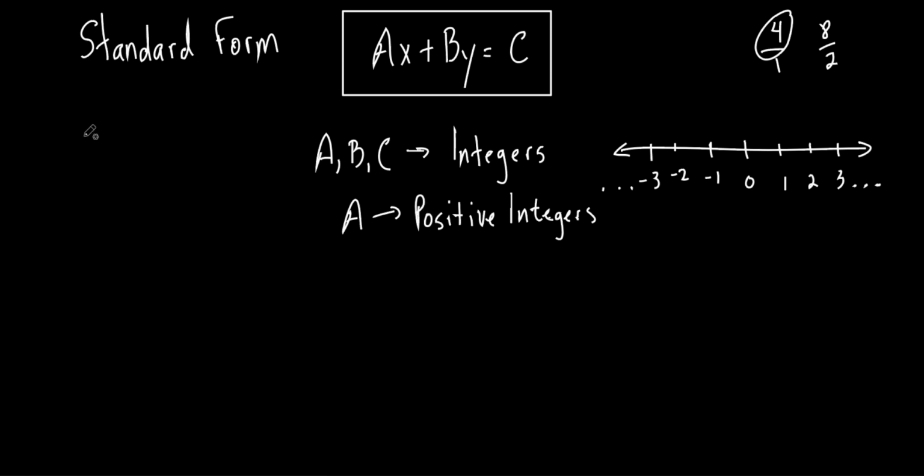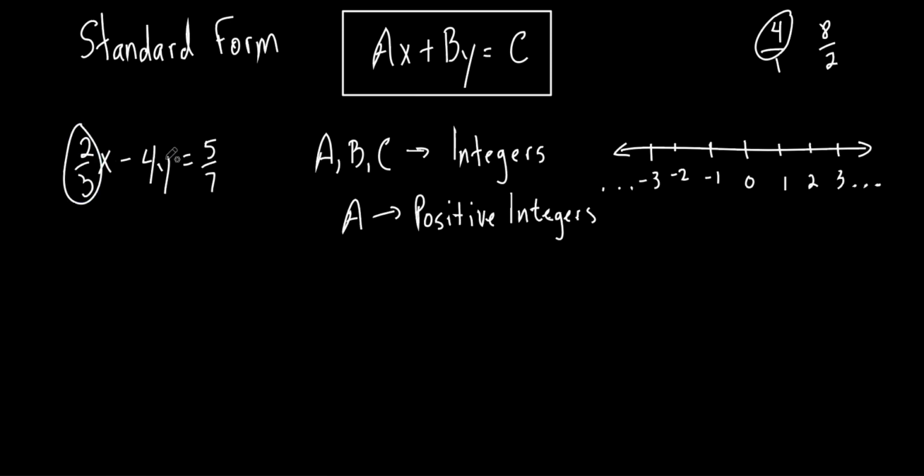So, for instance, what if I had something like this? 2/3 x minus 4y equals 5/7. Is that in standard form? Think about what we just talked about.